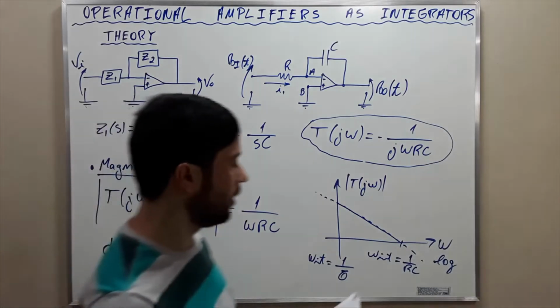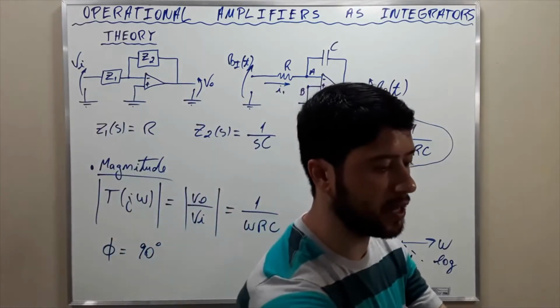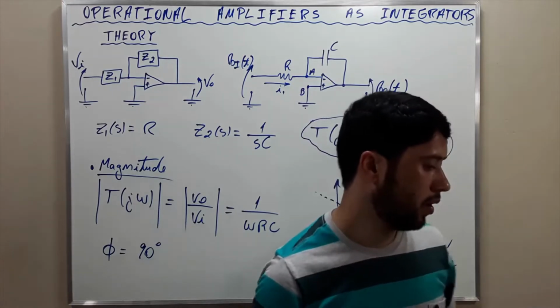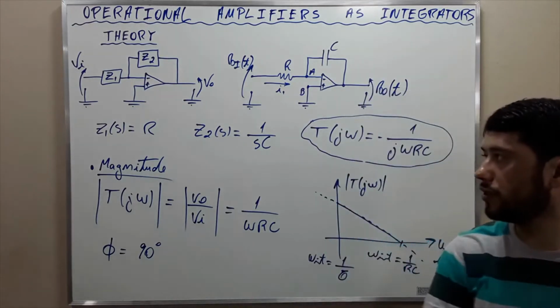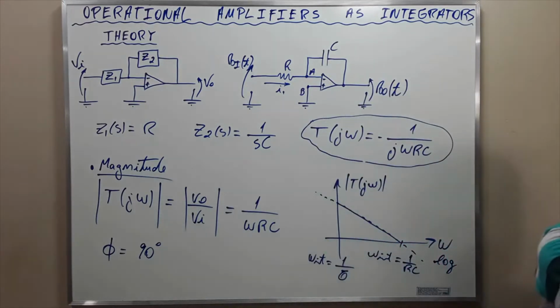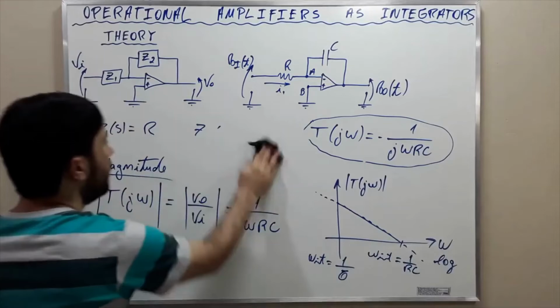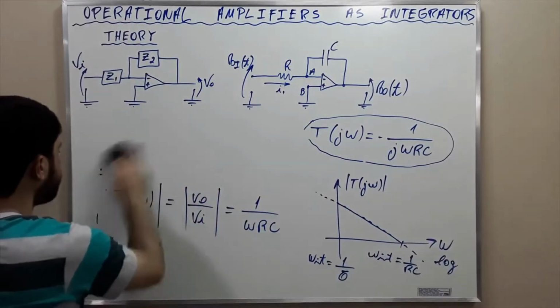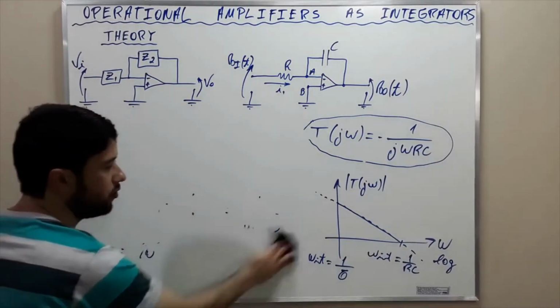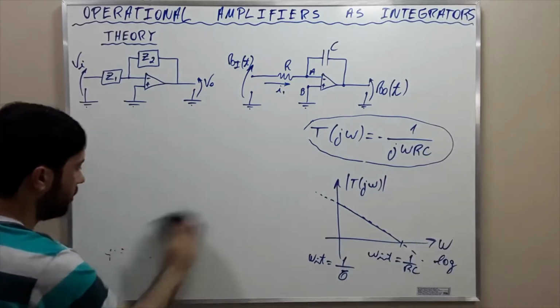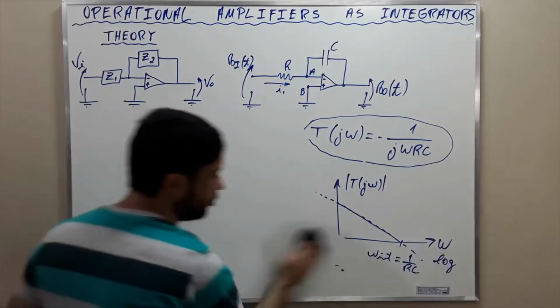Okay? Now let's go to the exercise. This is the theory. Subsequently, we're going to go to the exercise. The exercise is going to be based on this theory that I just demonstrated to you.